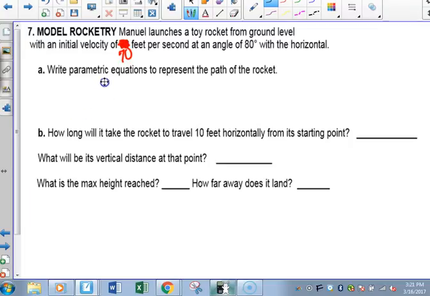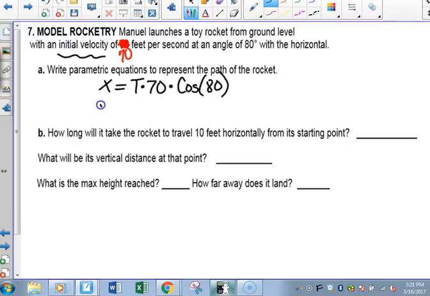All right. So what would the x equation be? Do you remember it says you put in t times v sub 0, which we just changed to what? 70. Please make sure you changed it on your paper. You're going to look back and go, where did I get that number? Times the cosine of the angle, which is 80 degrees.